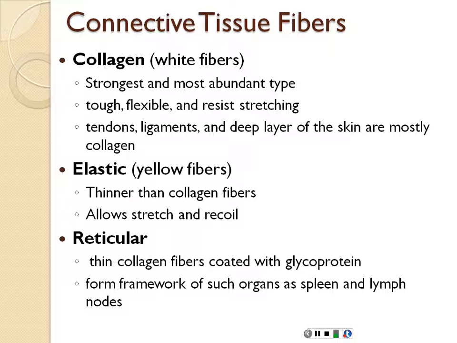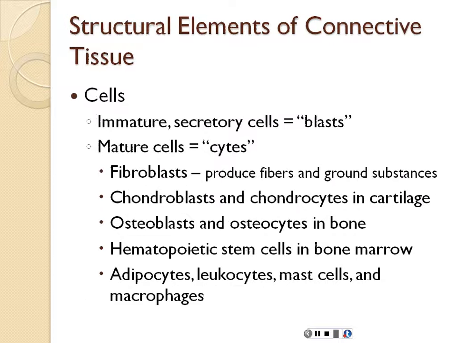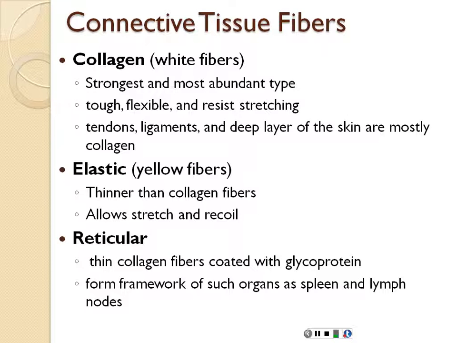And then you have reticular fibers in some tissues. These are thin collagen fibers that are coated with a glycoprotein, sort of a carb structure. They form the framework of such organs as the spleen and lymph nodes. These are just the types of fibers in the matrix.